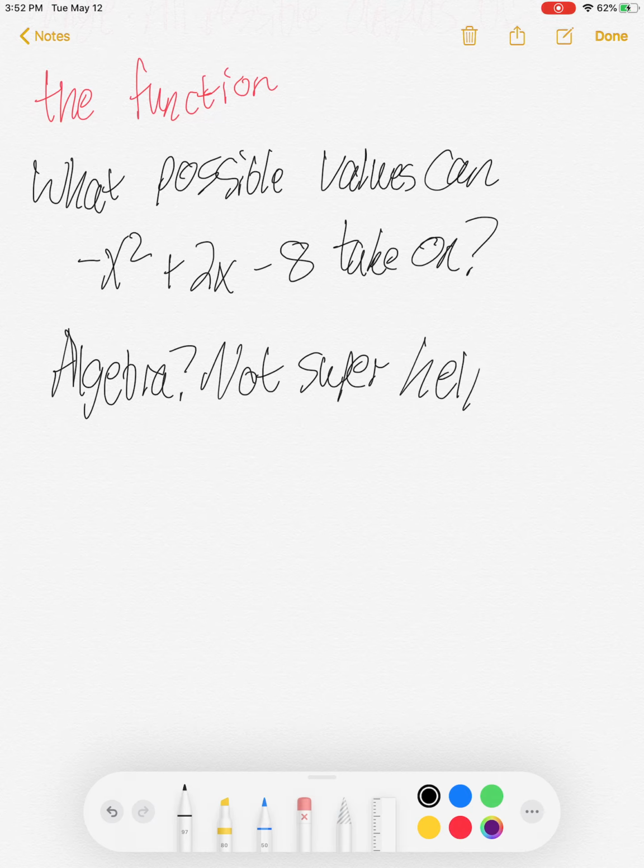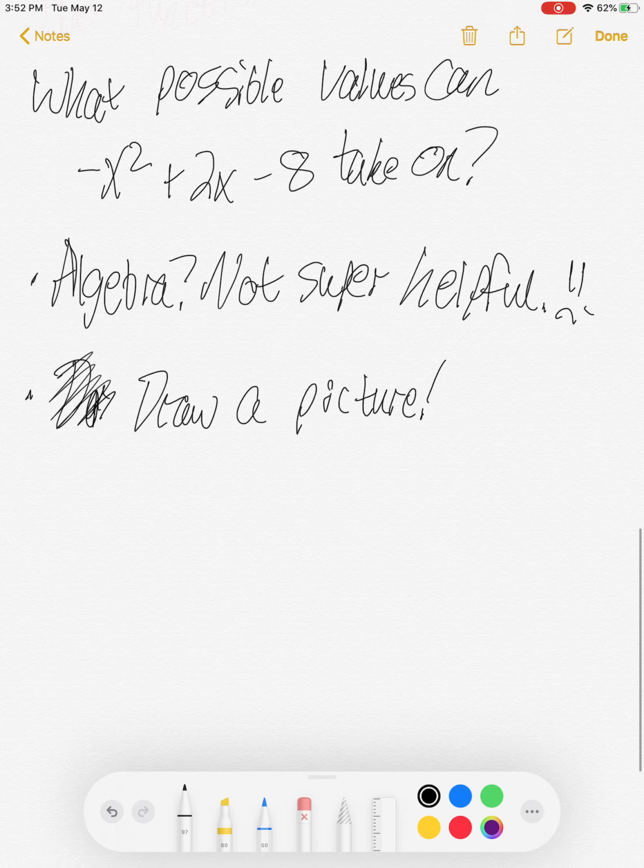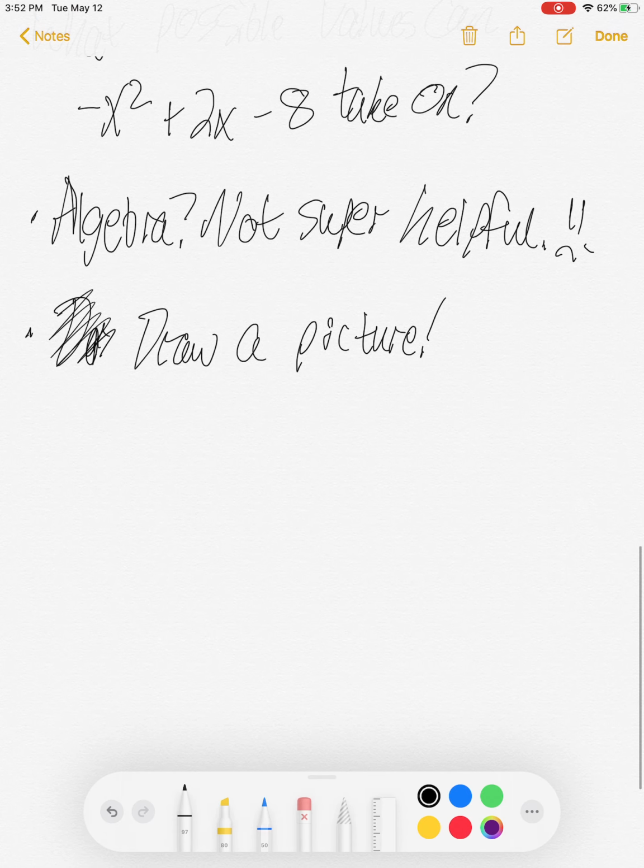But what is going to be helpful here, and this is going to be a pretty common technique in finding the range, is let's draw a picture.